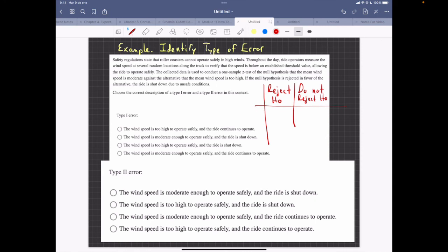But the hypothesis H null can be true or can be false.